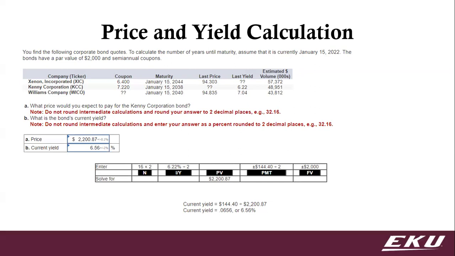And then once we have the price, to calculate the current yield, that's what they're asking for, you take what your current payment is and divide it by the current price. So the coupon payment divided by the market price of the bond is the current yield.